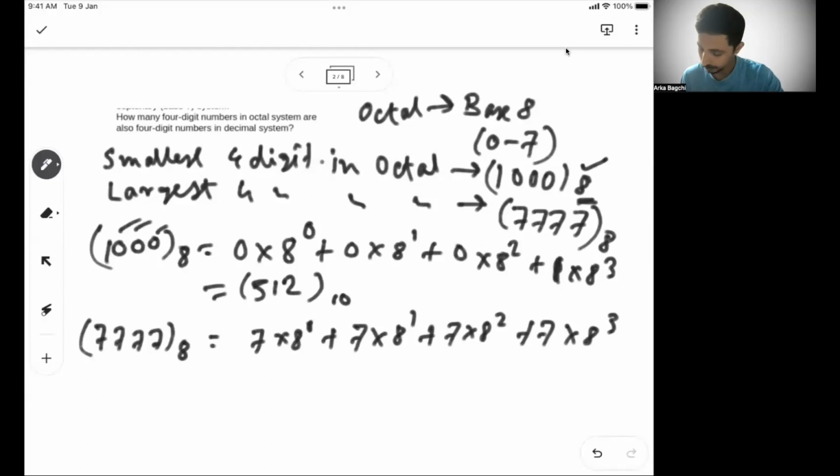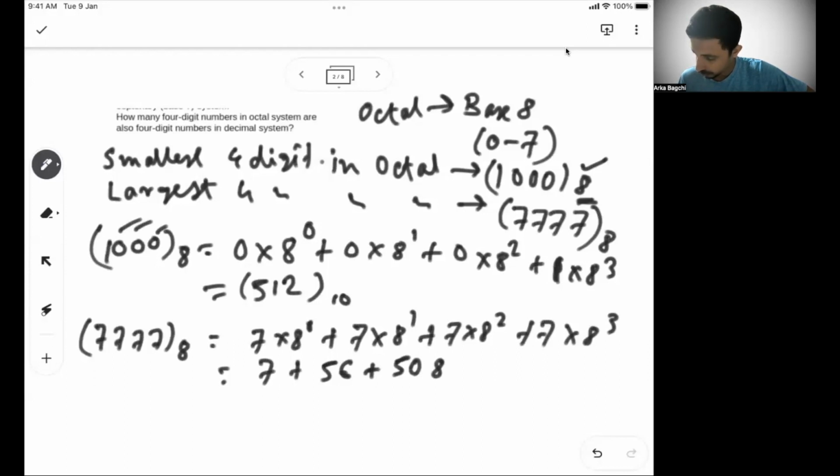Okay, so this is 7. This is 7 times 8, which is 56. This is 49 into 7, that is 340. Oh, sorry, this is 64 into 7. So 64 into 7, 4 sevens are 28, 448. Yeah, 64 into 7 is 448.